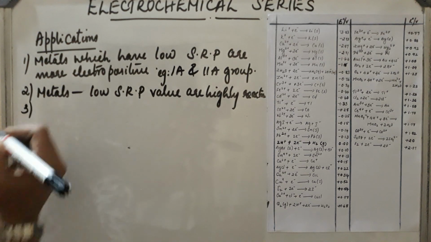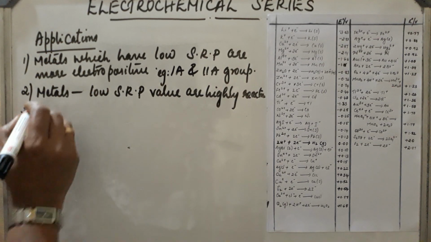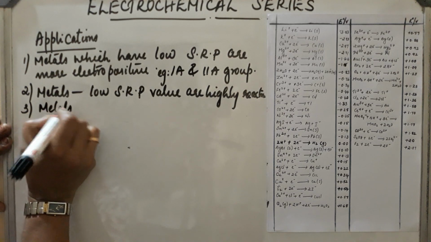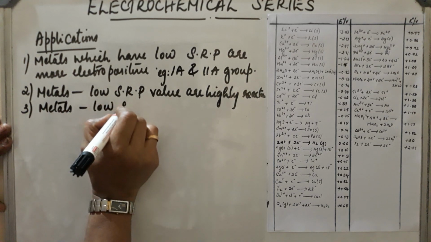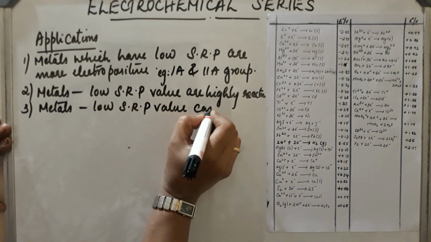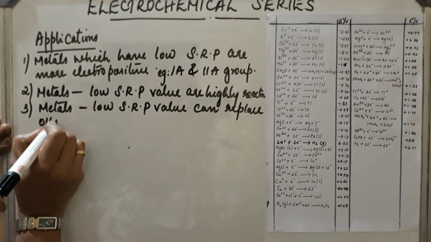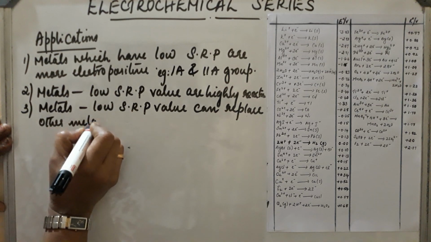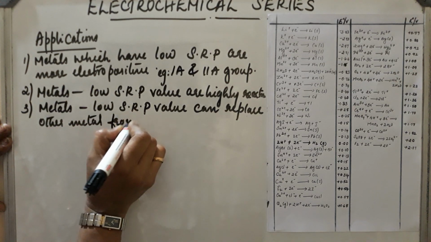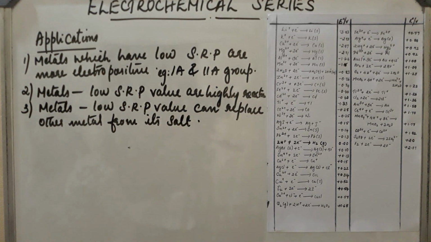Third point, metals which have low SRP value, that is more negative value, can replace other metals from their salts.